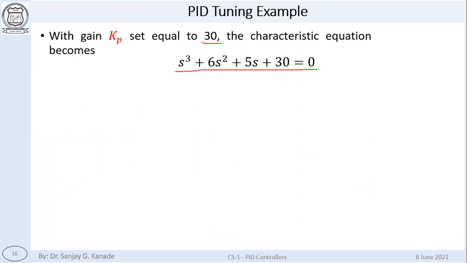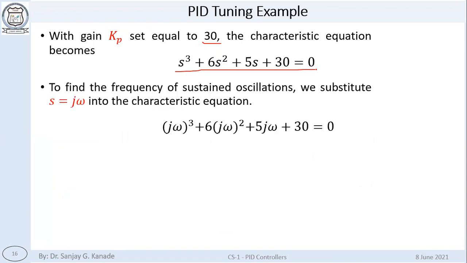Okay, so this is now the characteristic equation, and substitute s equal to j omega. We are doing this because we want to find out the frequency of sustained oscillations. Frequency is denoted by omega, and at sustained oscillations, remember, where are the poles?